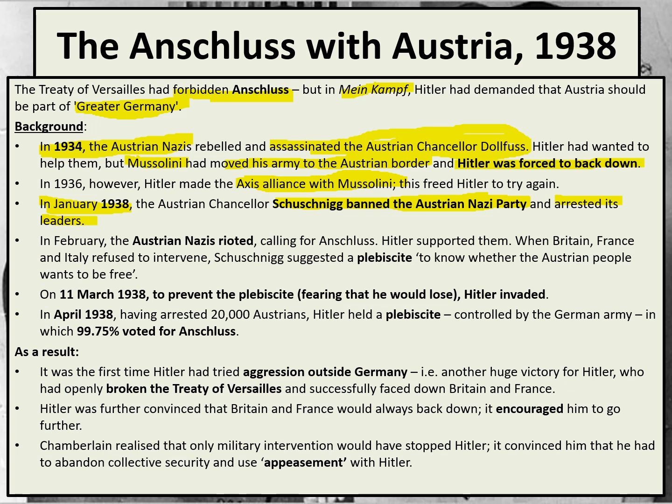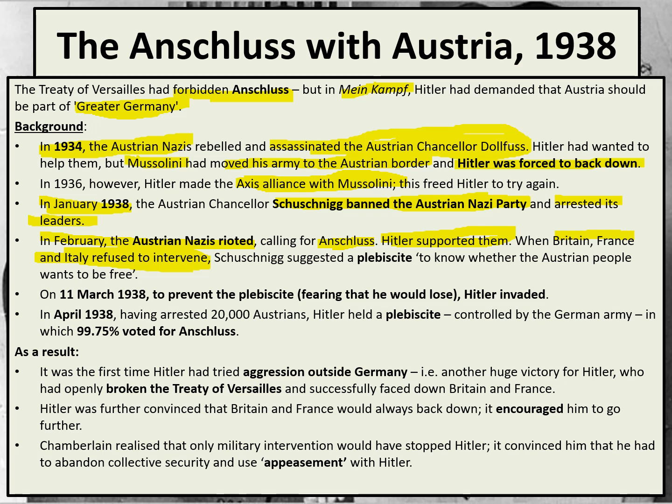And this was in order to restore order in Austria. Because of that ban and because of the arrests, in February of 1938, the Austrian Nazis rioted. They called for Anschluss. They said now is the time for the union. And at this point, Hitler felt confident enough to properly support them. Britain, France, and Italy all did nothing. Now, Italy, because obviously now they're friends with Germany, but the other two just did nothing.